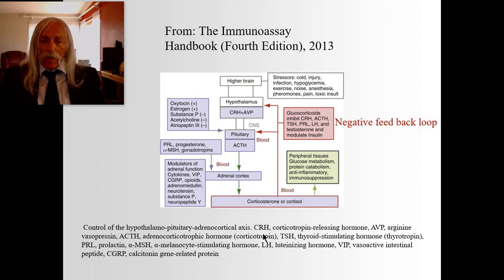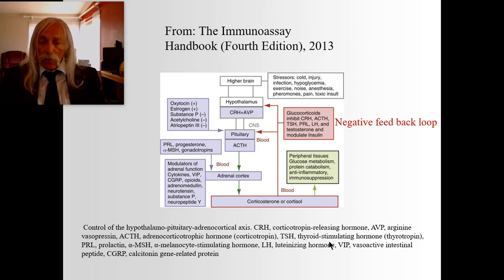Remember, these are the initial phases of the HPA axis, the hypothalamo-pituitary-adrenocortical axis, right? So there's the hypothalamus, there's the pituitary, there's the adrenal cortex. We've gone through this many times. CRH is corticotropin-releasing hormone. The AVP is the arginine vasopressin. We already know most of these other ones.